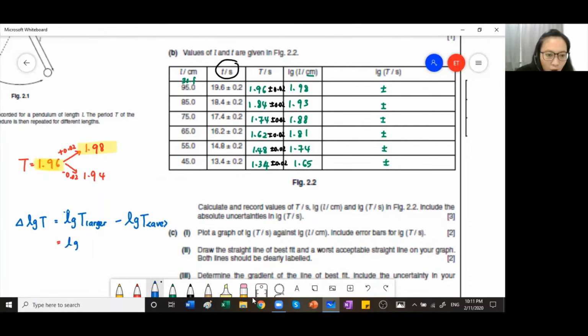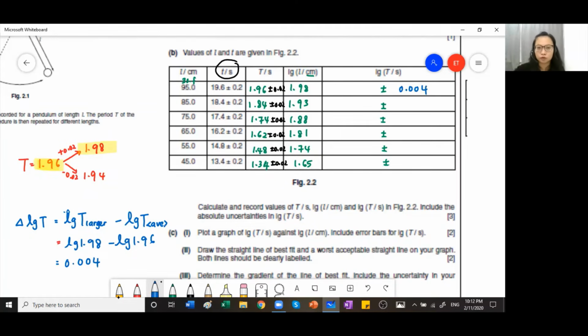So I'll just take my log 1.98 minus log 1.96. If you get it, type it into your calculator and make sure that this is what I did. I make sure that all my absolute uncertainties are in one significant figure, even though the mark scheme is not so strict about it. It's easier for me, so I put it as 0.004.